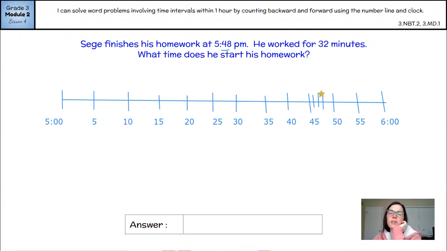So he finished at 5:48. He worked for 32 minutes. So that means that I have to go backwards by 32. So let's see. 1, 2, 3 would take me back to 45. So I'm going to do 3 here. All right. Now let's go ahead and go by fives.